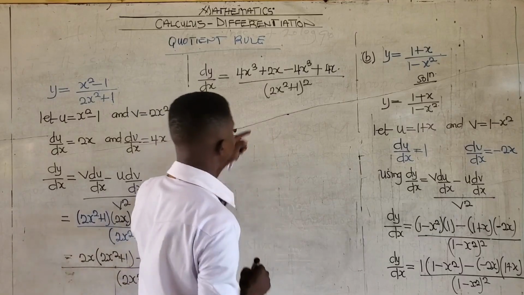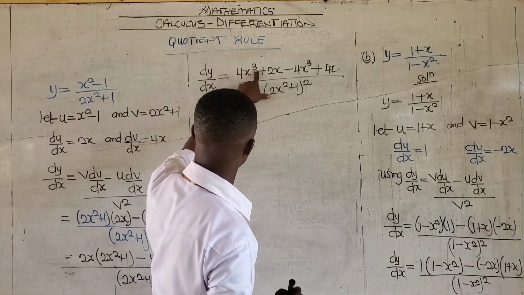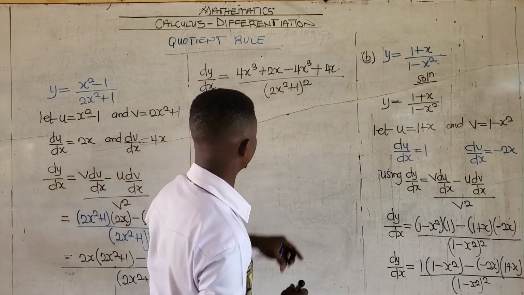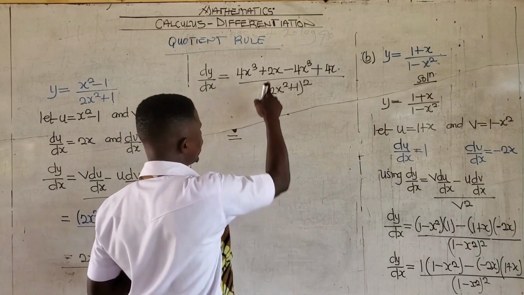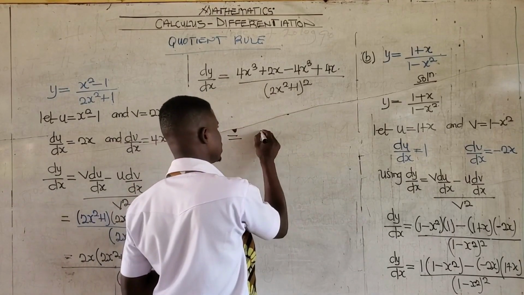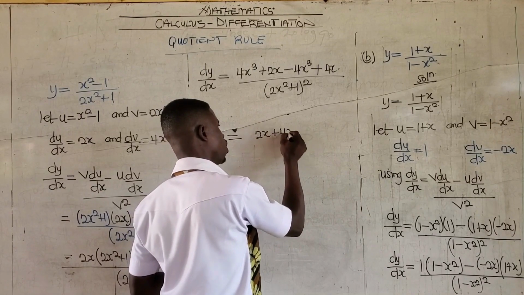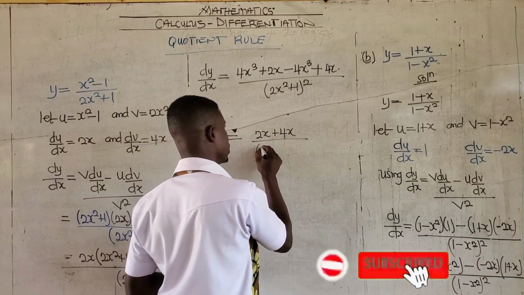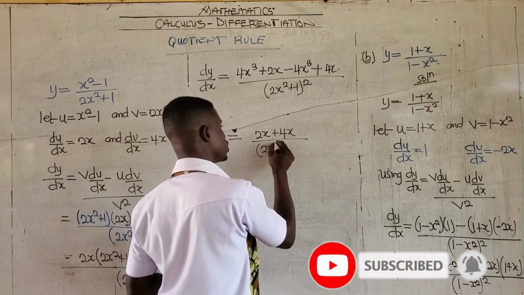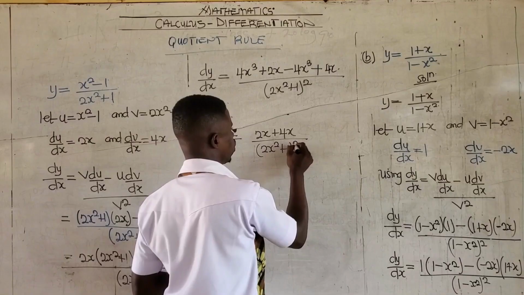And this is going to give us 4x to the power 3 minus 4x to the power 3 will cancel out. So finally, we are going to have 2x plus 4x, which is 6x, all over 2x squared plus 1 all squared.